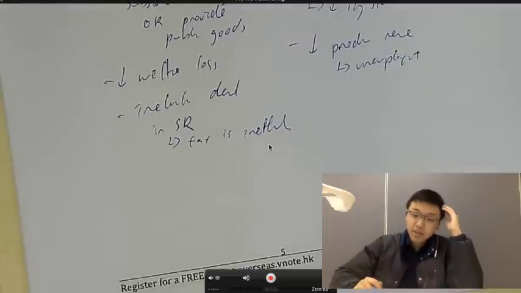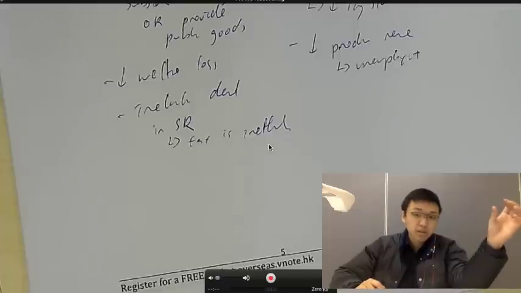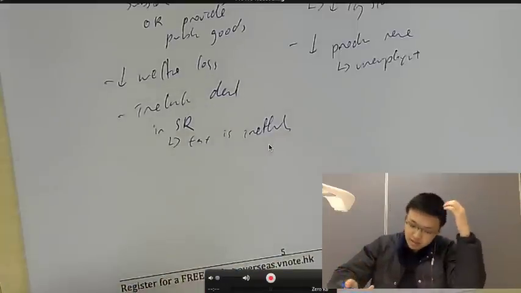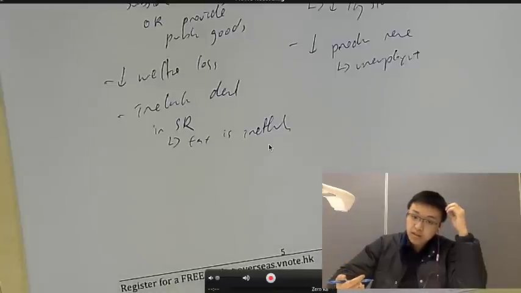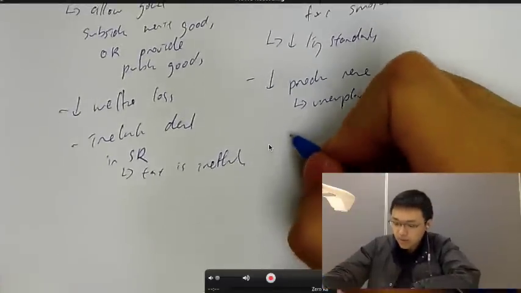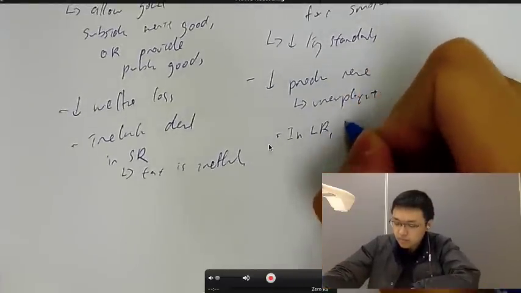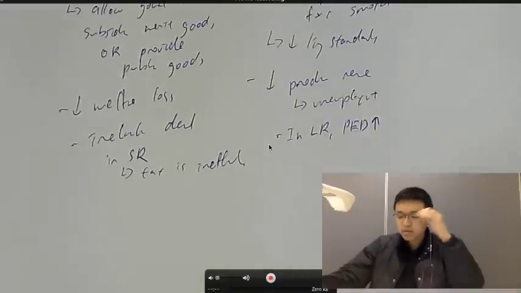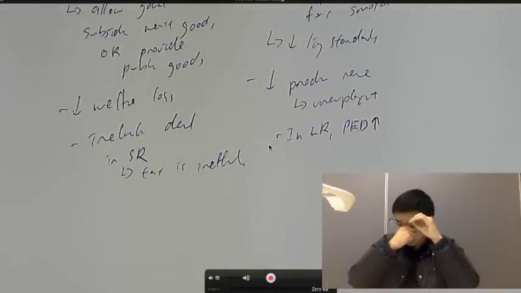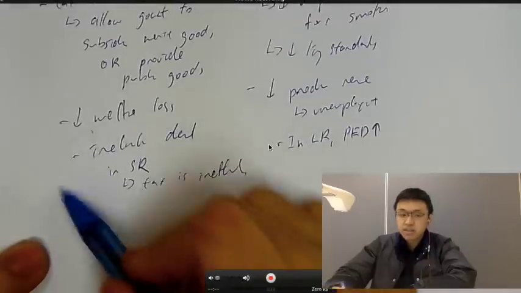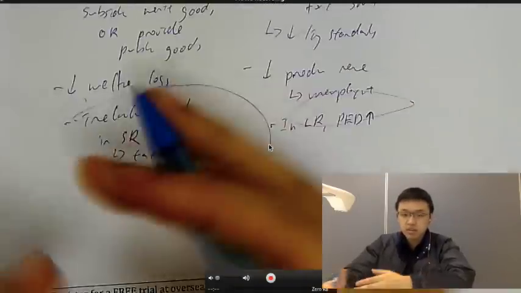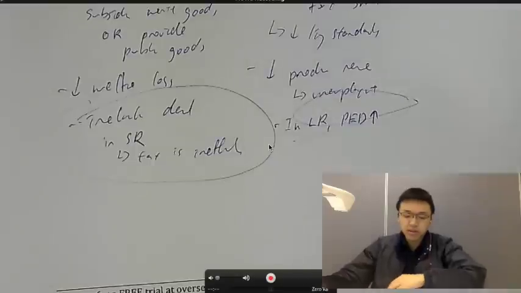But why do I say that? Because in the long run, PED tends to go up. Why is that the case? Because smokers are able to find substitutes, right? So the PED is higher. So you can say, in long run, PED increases. Okay, so the tax becomes more effective. Sorry, this is the disadvantage, this is the advantage. So the advantage is in the long run it's more effective.